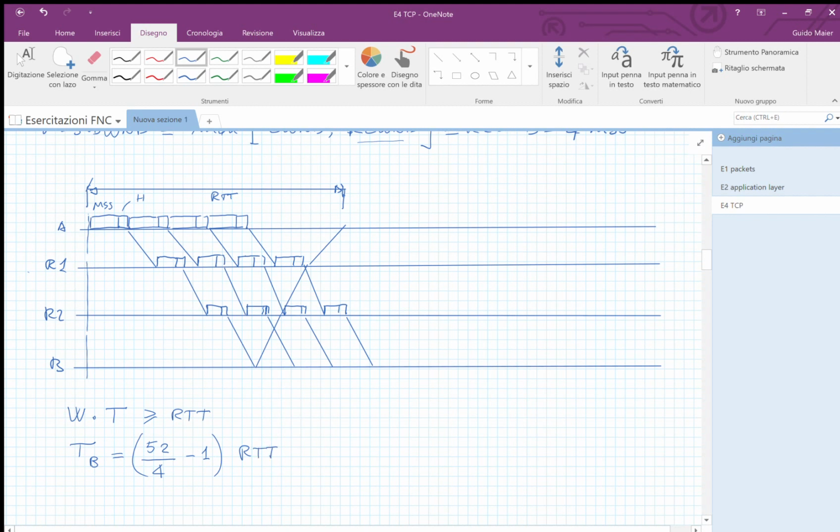Okay. You have to imagine that this situation that I have depicted here repeats the same. How many times? Actually, it will be repeated 52 divided by 4 times, but we have to be careful, because in the last transmission time we must take into account also the arrival of the segments, of the ACKs.